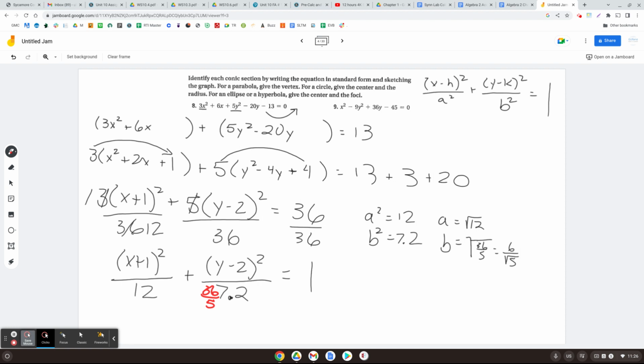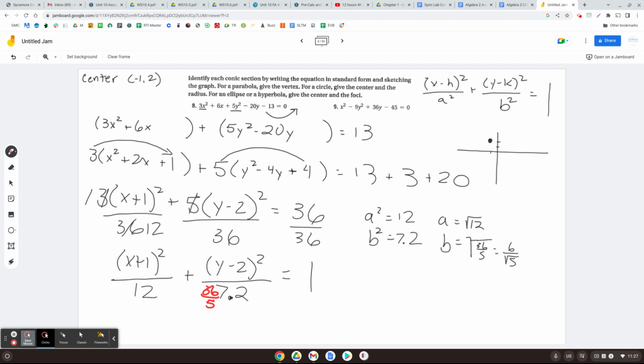Well, I can do that. It's centered at left 1, up 2. Okay, that's the center. Okay, and to find out our foci, that's going to be a squared minus b squared.